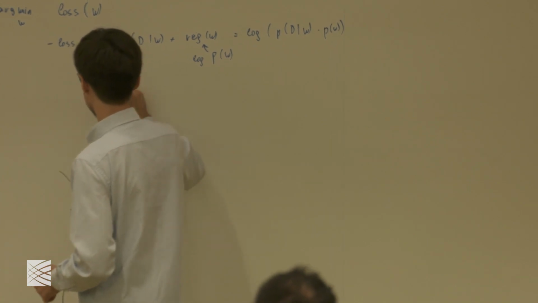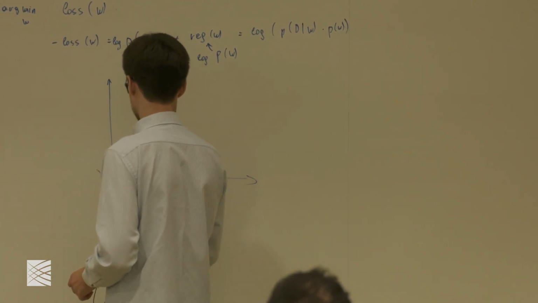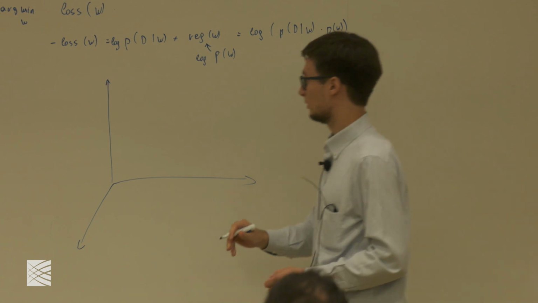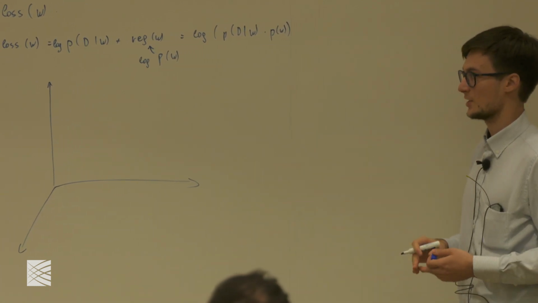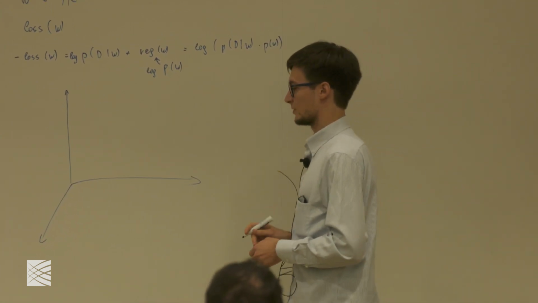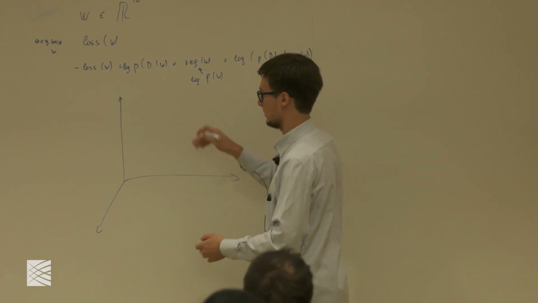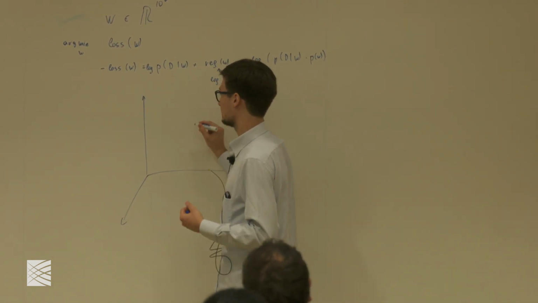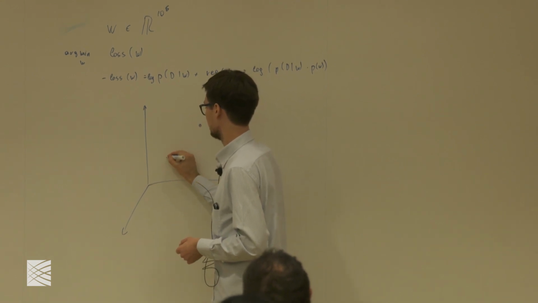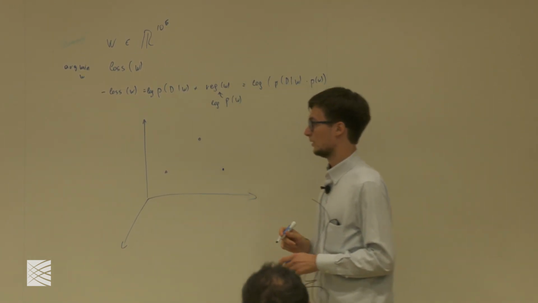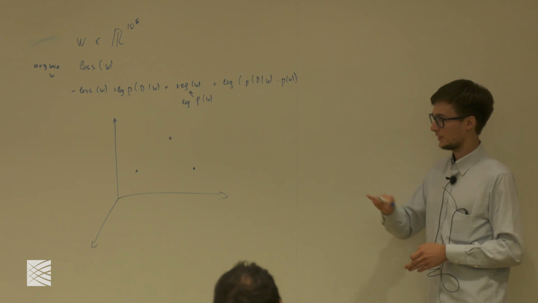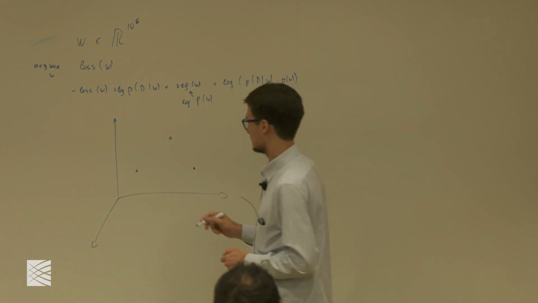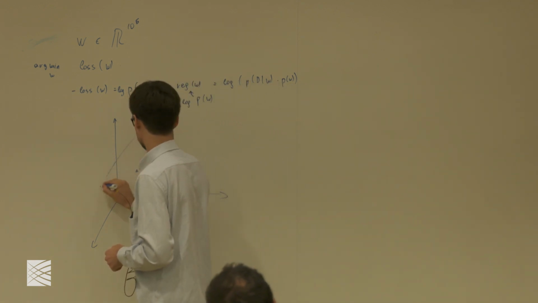So what we do is we just pick a two-dimensional subspace of the parameters. So imagine this is a million-dimensional parameter space, and we just pick some 3 different points in this million dimensions. And then there exists a unique plane, an affine subspace, that passes through the 3 points.